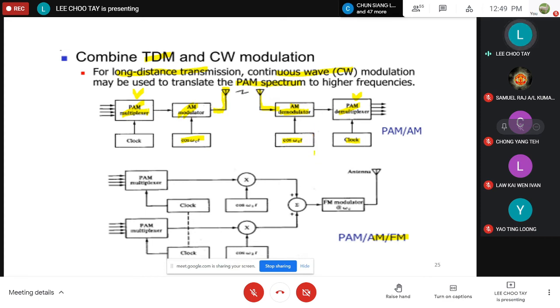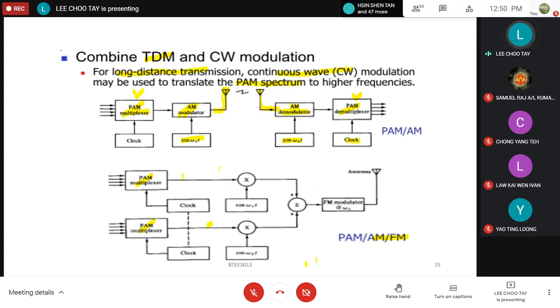And then for even higher frequency transmission, this is an example where we combine two sets of TDM signal. So here we have one PAM multiplexer to give you one set of TDM signal. And we also have another PAM multiplexer that gives you a second set of PAM signals.